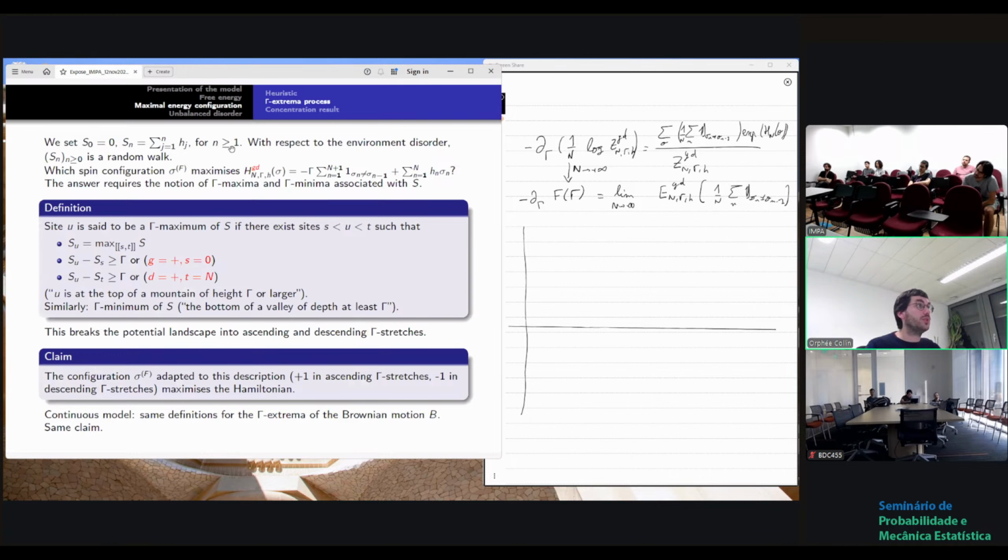As I said before, we represent the environment through the associated random walk, and our aim is to find the configuration which maximizes the Hamiltonian. And to answer this question, we have to use the notion of gamma maxima and gamma minima associated with the walk.